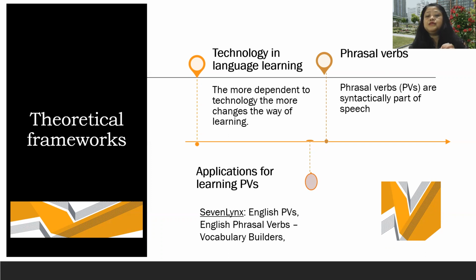Phrasal verbs are syntactically a part of speech, but they have very specific meanings that are sometimes far from the real verb. The last one is applications for learning PVs. As I mentioned previously, there are some applications such as 7-link, English PVs, and English Phrasal Verb for Vocabulary Builders, but only few focus on learning phrasal verbs for writing sentences and paragraphs.